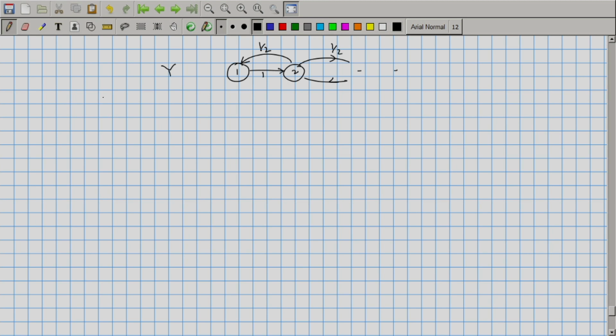And let us say Zi will be the random variable.